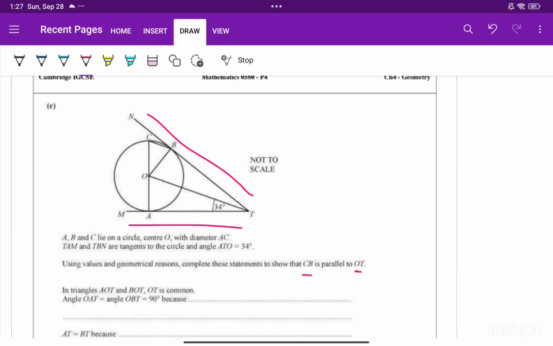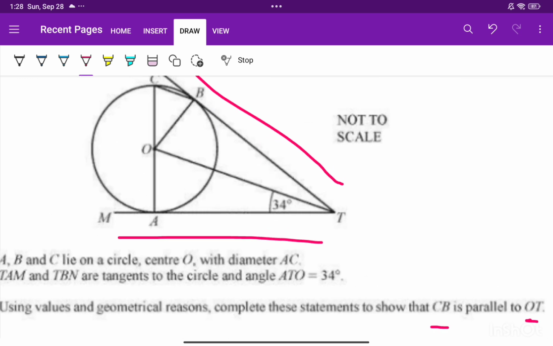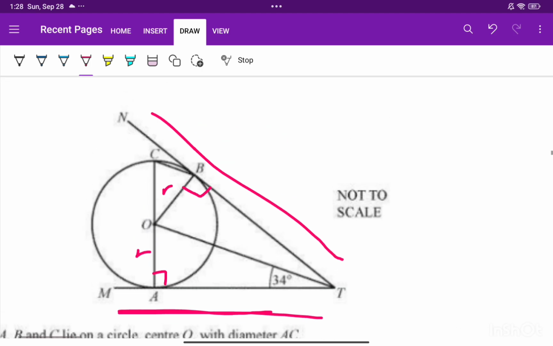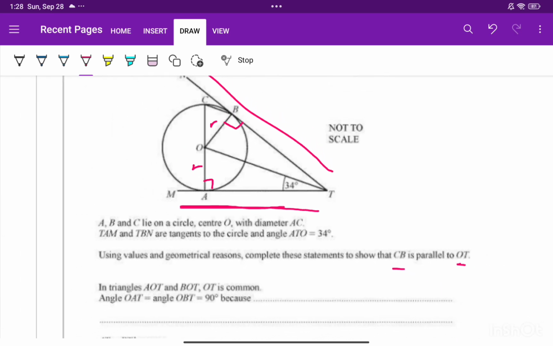In triangles AOT and BOT, OT is common. Angle OAT and angle OBT are equal to 90 because MAN is a tangent and OA is a radius, and OB is also a radius and BT is a tangent. We know that a radius is always perpendicular to the tangent.